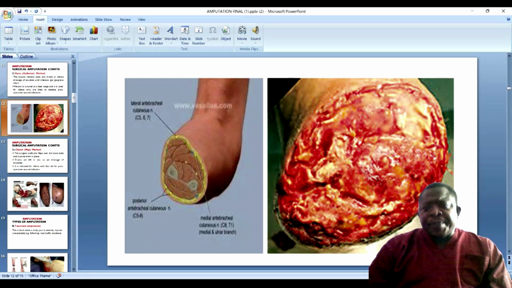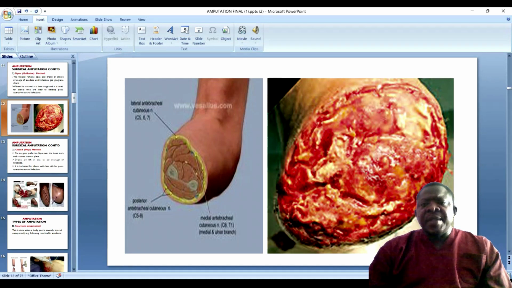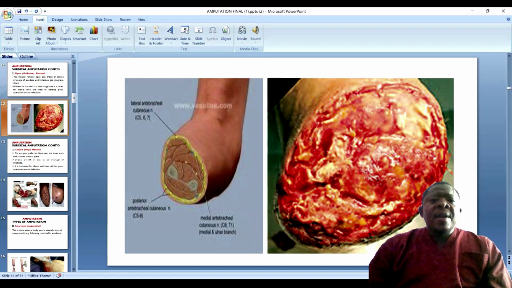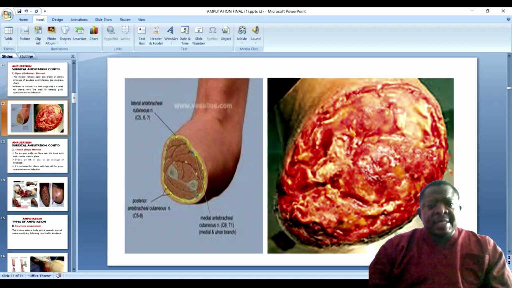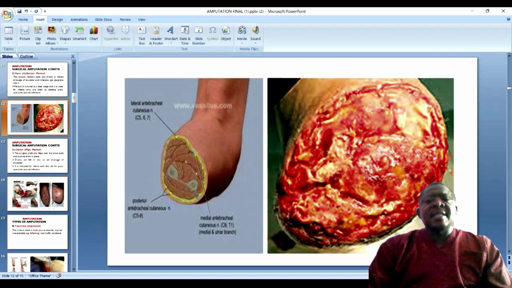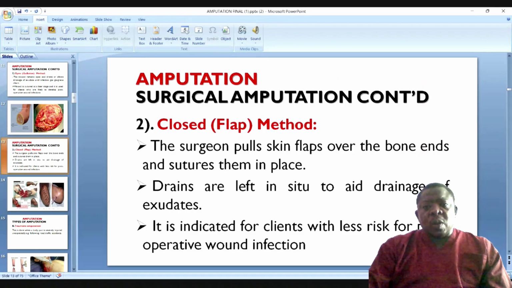If the wound appears red, then it is a good sign of healing. If the wound is appearing yellowish, that is a sign of some exudate, and these exudates may affect wound healing. So that part will be cleaned with necessary solutions until it shows good signs of healing before it can be closed.